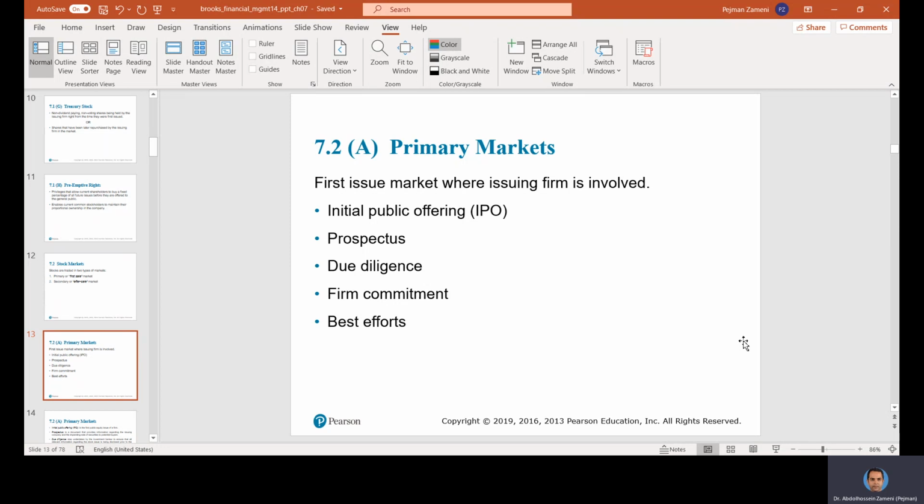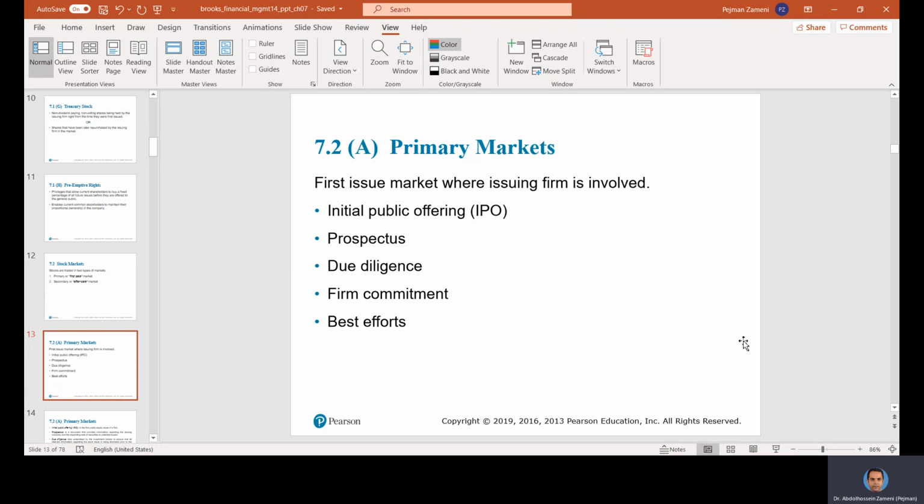What is an IPO, initial public offering? When the company goes public, wants to be listed, then they need to issue shares, isn't it? The first time that the company issues shares is called an IPO. And it is traded in the primary market, meaning the company sells it to the first-hand shareholders.